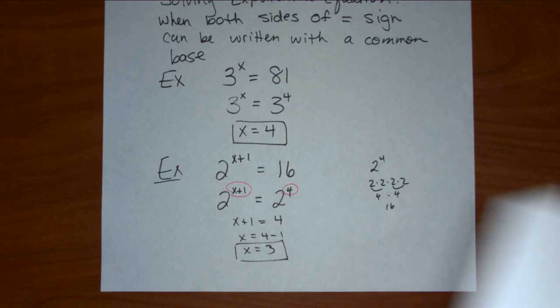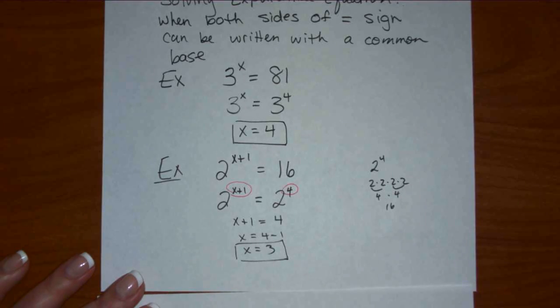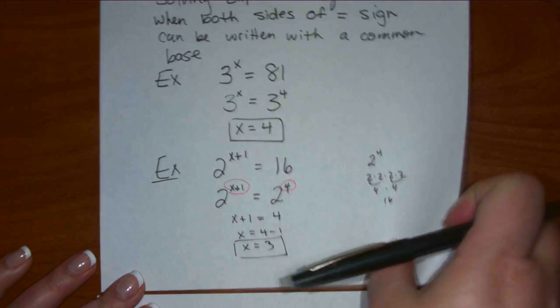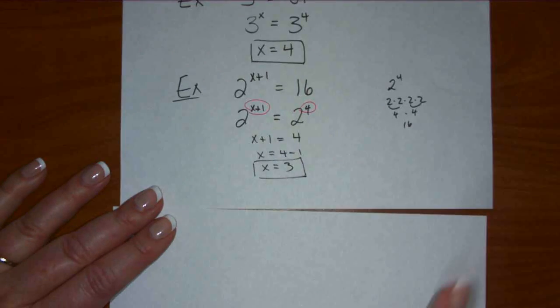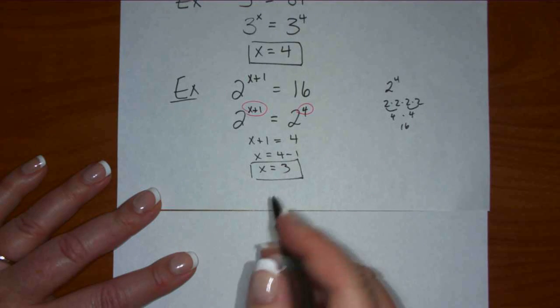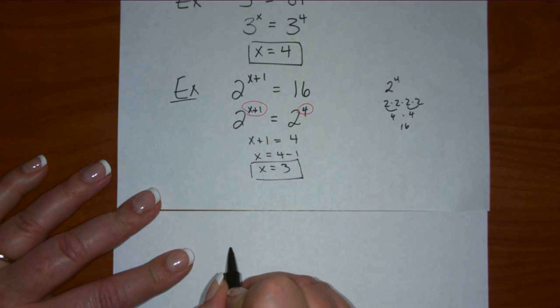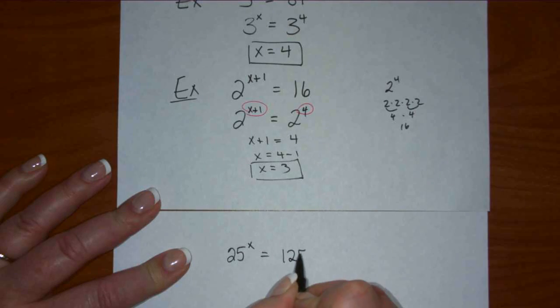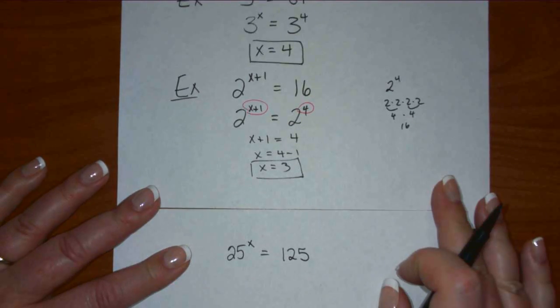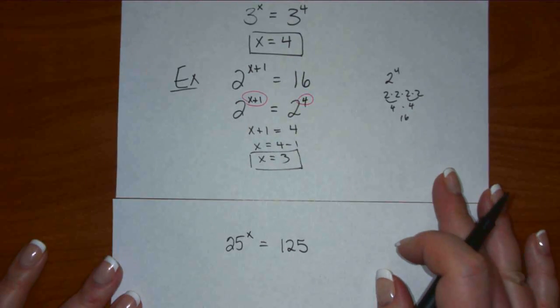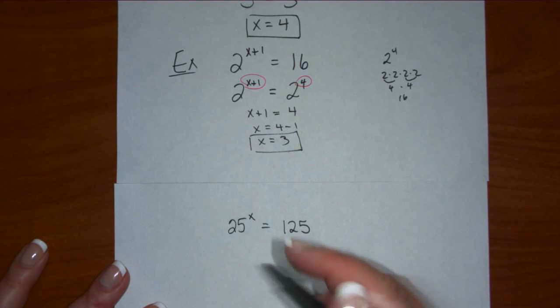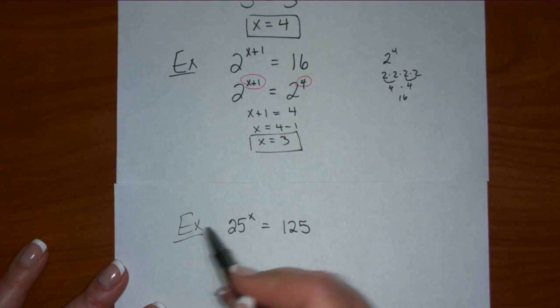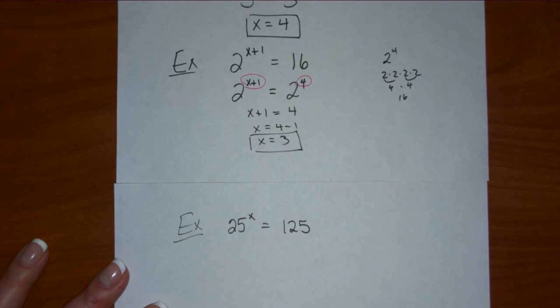Now, sometimes we have to rewrite both sides. Easy enough though. So if I said, for example, 25 to the x is equal to 125. Now, in this class, it has to be a power of 2, 3, 4, 5, or 10.